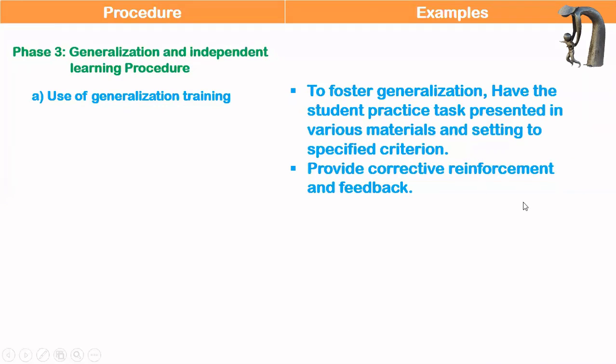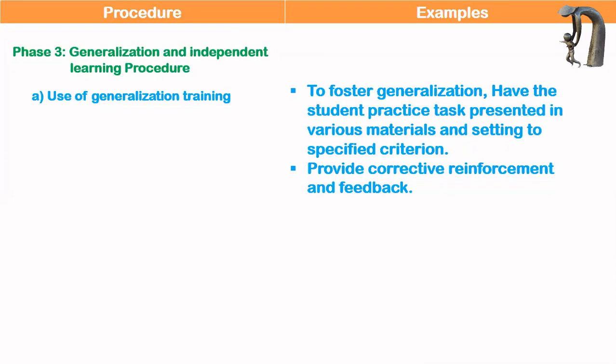If you have taught addition, make sure that the child is moving to the shopping mall and using those skills. That is your different setting, rather than the classroom where you taught.